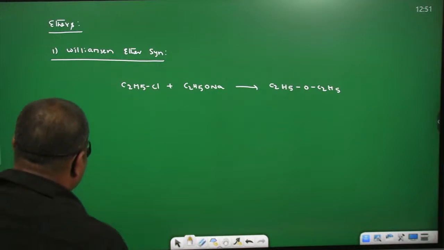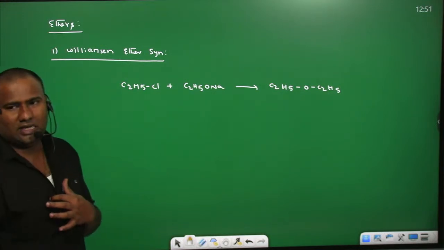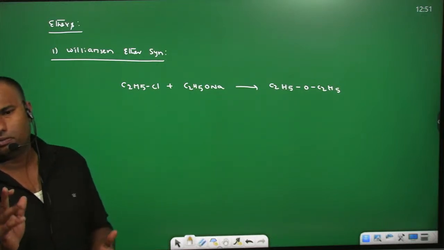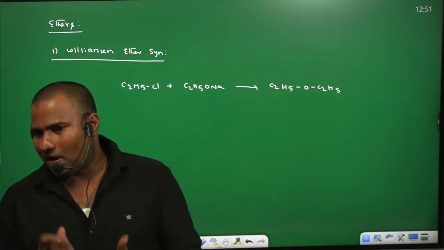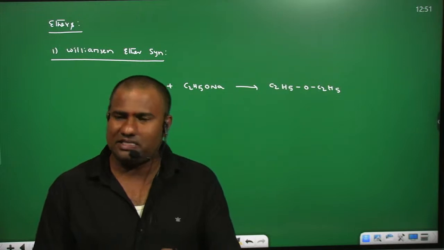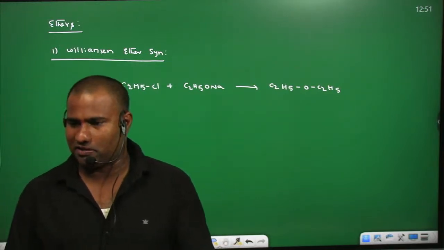Listen. So now C2H5O C2H5 is ether synthesis. Alright, listen. In case of substrate or reagent, when the bulkiness increases, then instead of a substitution reaction, elimination takes place.